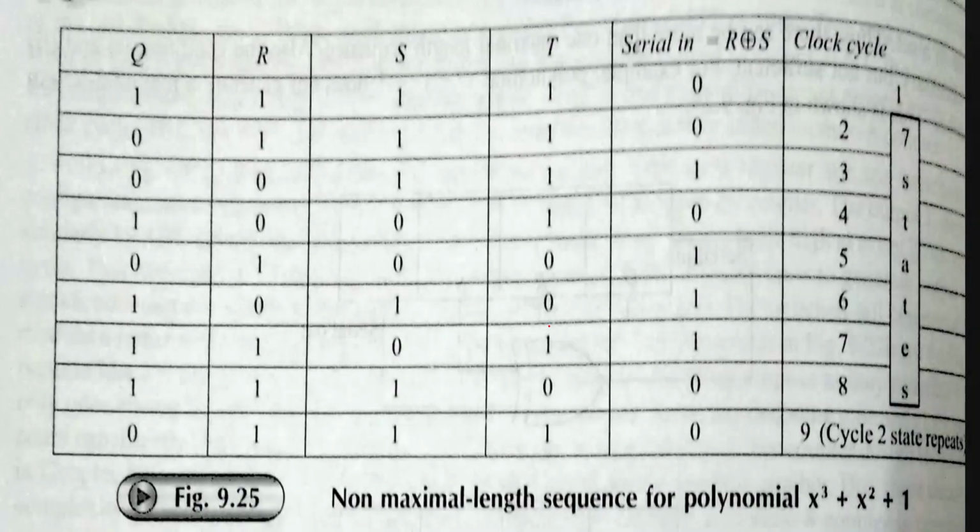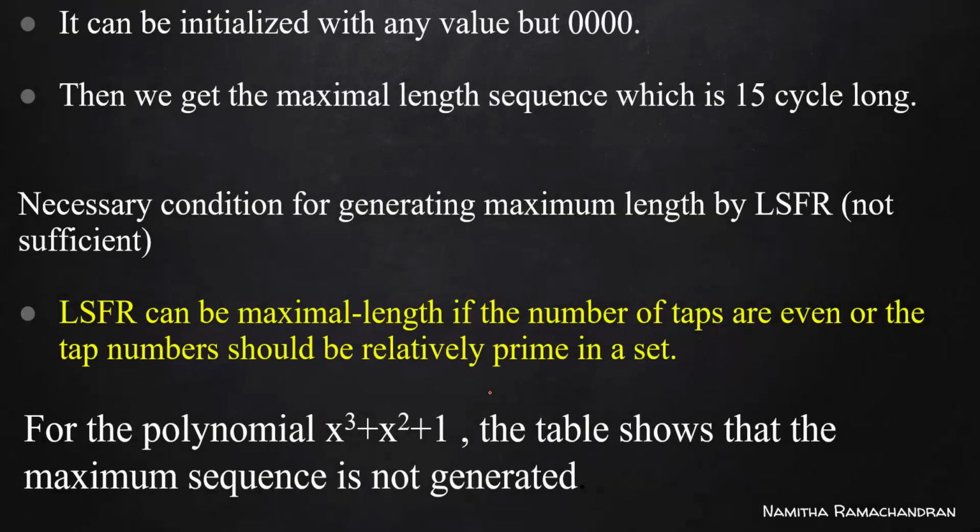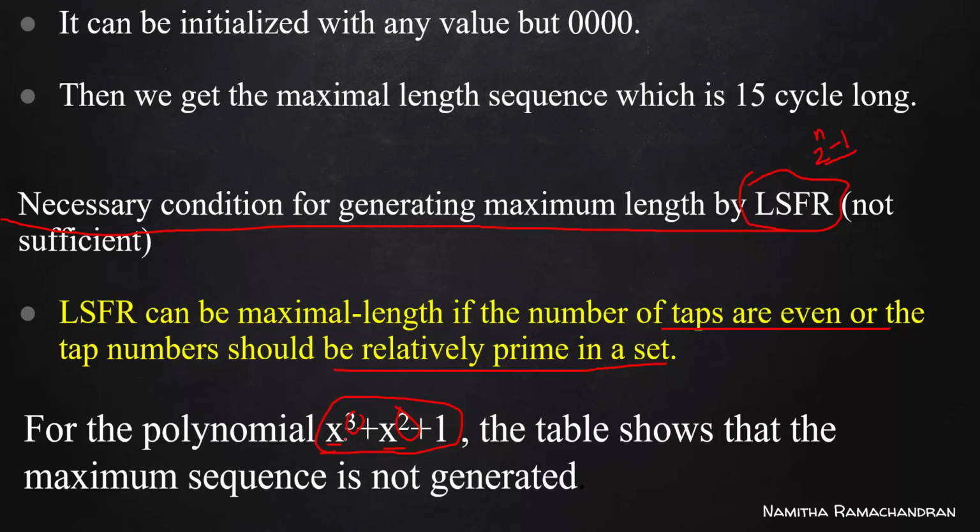So this polynomial satisfies the two necessary conditions. What is the meaning of this? We have to consider x to the power 3 and x to the power 2 as the inputs of the XOR gate, and the output of that XOR operation is the input to the first flip-flop.